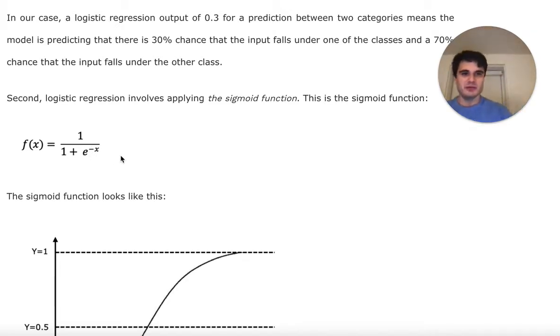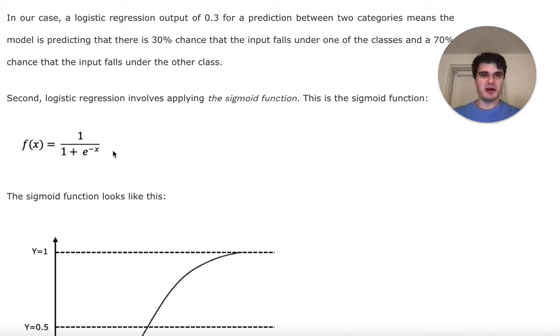So with that background, and given your knowledge of linear regression from our regression tutorial series, let's understand what logistic regression is. Here it is, so pay attention. Logistic regression is simply the sigmoid activation function applied to the mx plus b equation from linear regression, where the m and the b are the parameters.